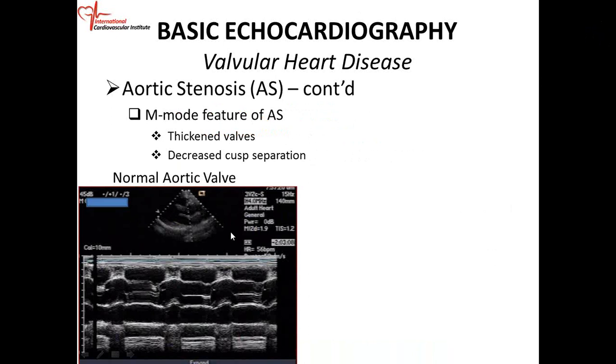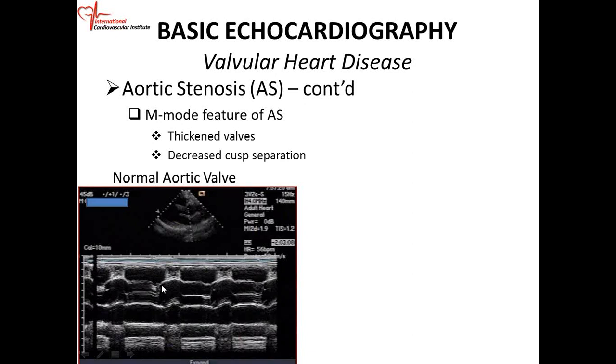So these are the same structures that you're looking at down here. The chest wall is on top. Below the chest wall, you have the RV wall. Then the next layer is the RV cavity. So blood with your M mode looks black, as it does with your 2D. So this is the RV cavity.